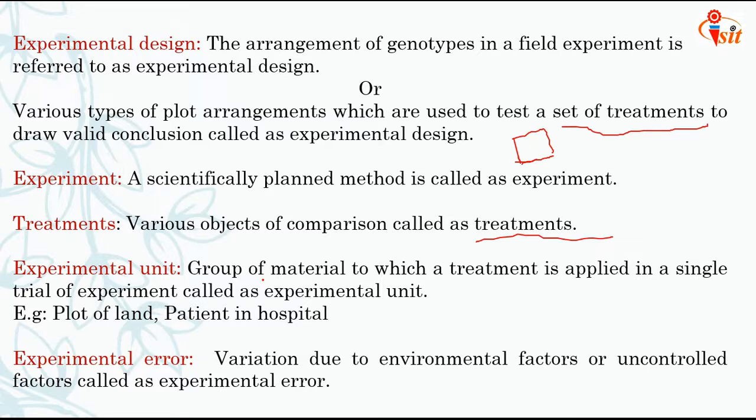Okay, the next part is the experimental error. Error means the variation due to environmental factors or uncontrolled factors, and it is called experimental error. For example, if I take two plots, and I give a good favorable environmental condition to plot A and a stress condition to plot B, and I plant the same variety in both, the soybean variety JS335.